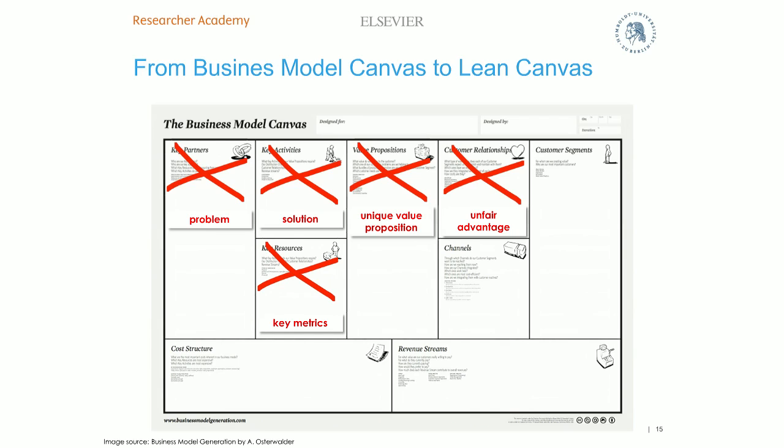So it's bringing a focus on the relationship between problem, solution and the uniqueness of the value proposition, and also highlights the importance of uniqueness by the unfair advantage. And as an additional element, it brings in the key metrics, which are related to the build, measure, learn cycle, because here you have to define by which measures you will learn from the testing process.